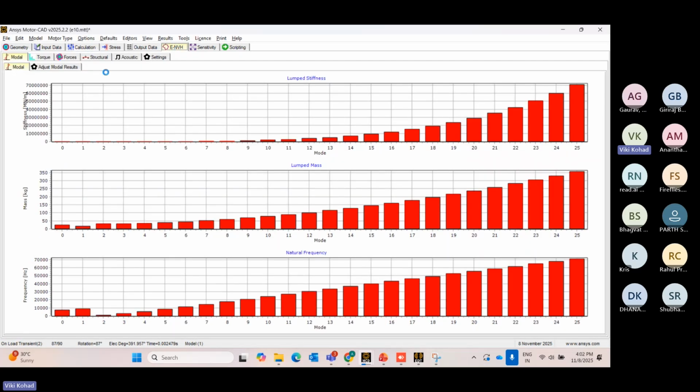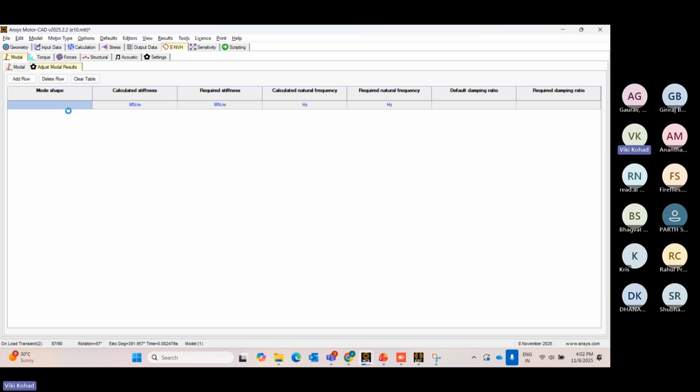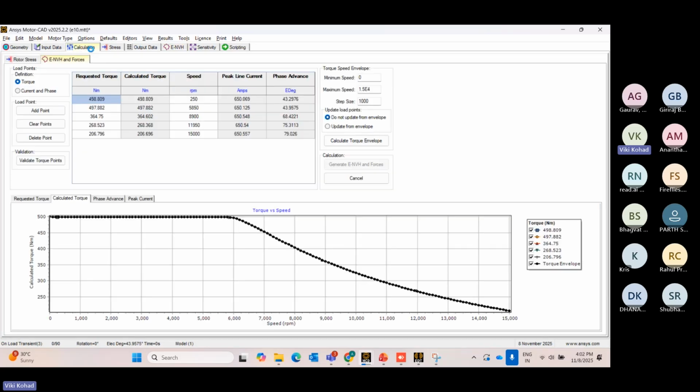In these sections you can compare also. Here adjust model results, and here you just add the results and adjust those model results also. But to compare the results, you require both the simulation data and the experimental data. After that process you can go for the manufacturer.